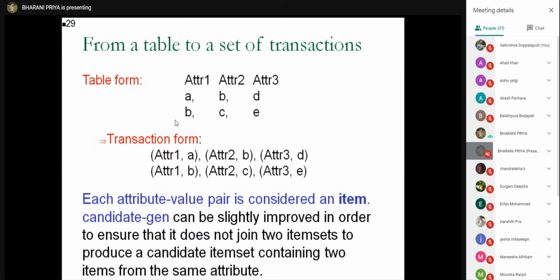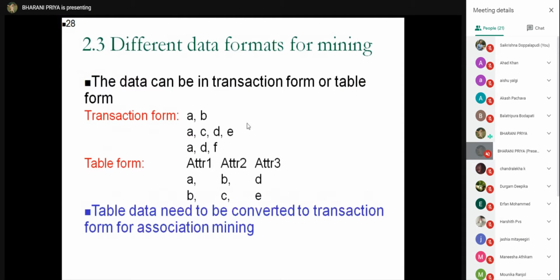What is tabular data? We have converted tabular data from the transactional data. Again, from the transactional data to tabular form, how will you convert? Transactional data means these attribute values are not there. In this form, I have given you the data, transactional form. Convert it into tabular form.